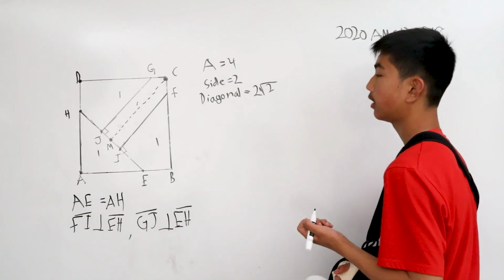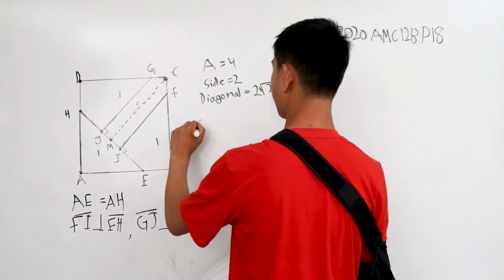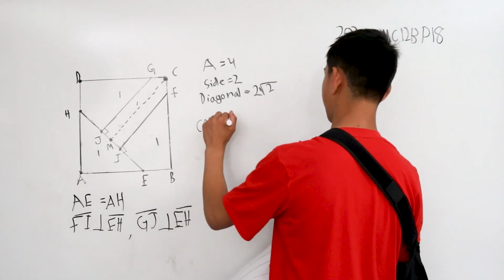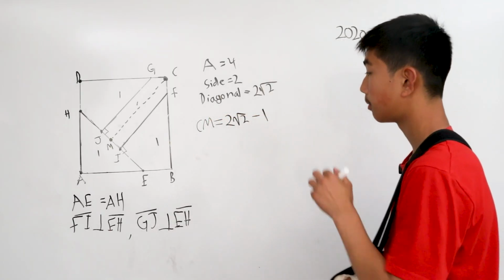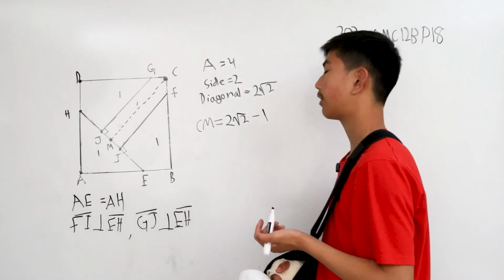Height is equal to 1. So therefore, CM is equal to the total diagonal, 2 root 2, minus 1. So we have that value.